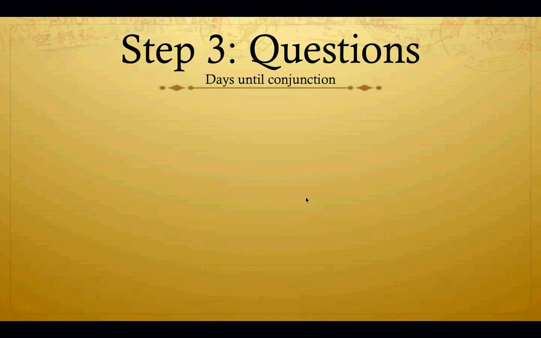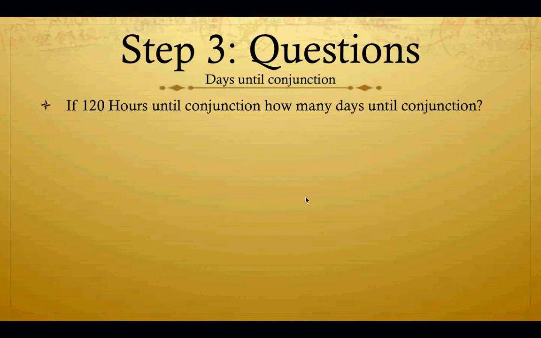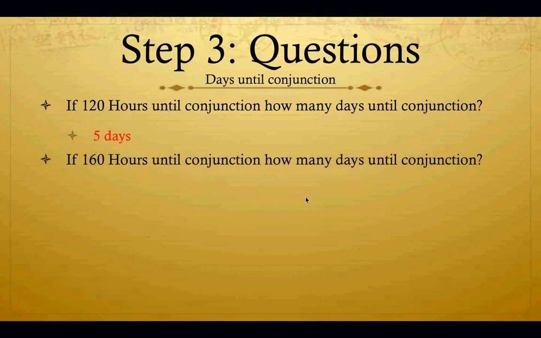So essentially, I just wanted to show everybody how simple measuring the stick is, and what it means to the hours until conjunction. So if 120 hours until conjunction, how many days until conjunction? It'll be 5 days. That one's simple. But 160 hours until conjunction, how many days until conjunction?